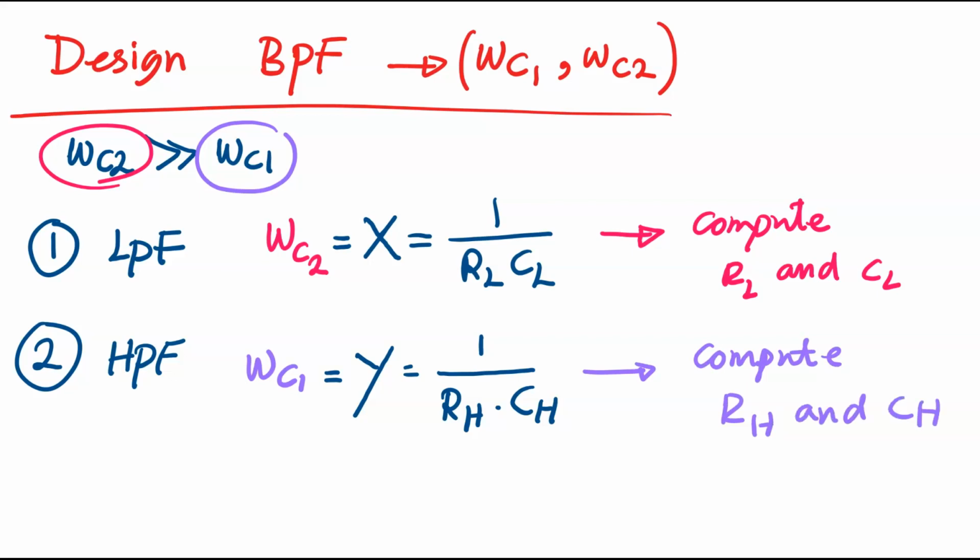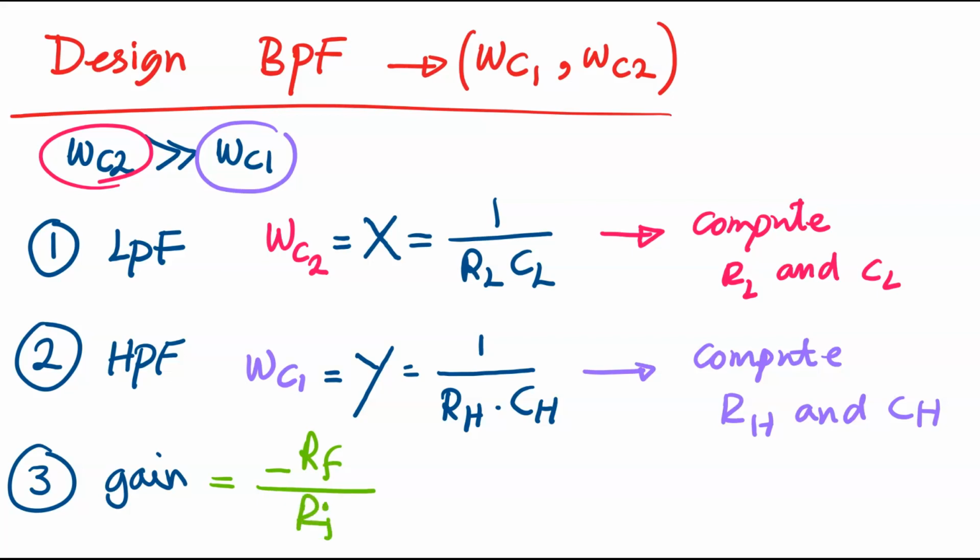And finally, my last step is focusing on the gain. Based on the gain that I need for my bandpass filter, I can compute my RF and RI. So this gain should be equal to minus RF over RI. I have to choose values in a way that the ratios satisfy the required gain.